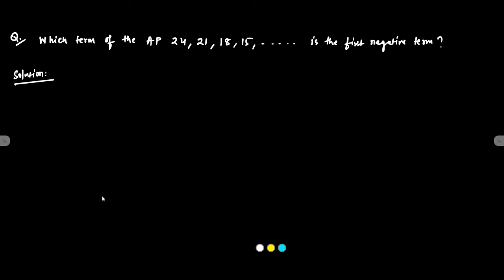So here is another question on arithmetic progression. It is given, which term of the AP given by 24, 21, 18, 15 and so on is the first negative term. Okay, so again it's based on the nth term formula. The nth term is given by a plus n minus 1 d for the given AP, which is 24, 21, 18, 15 and so on.